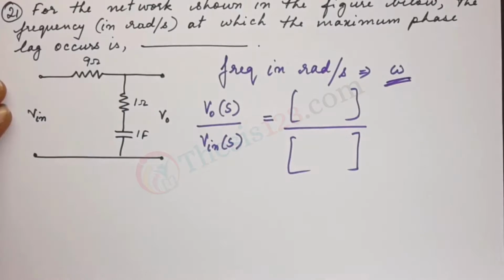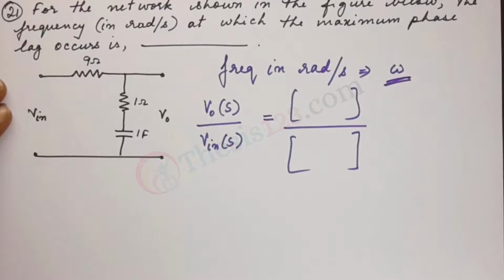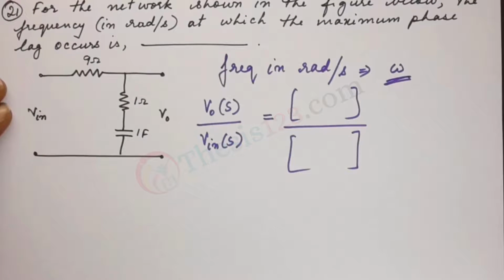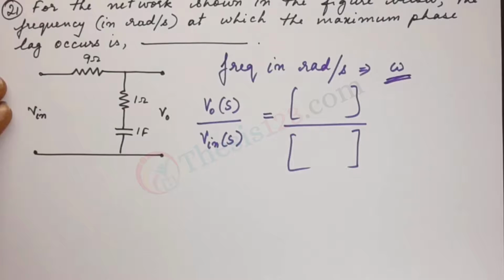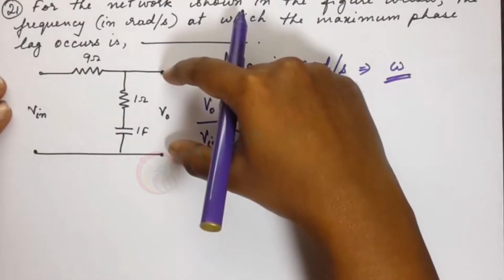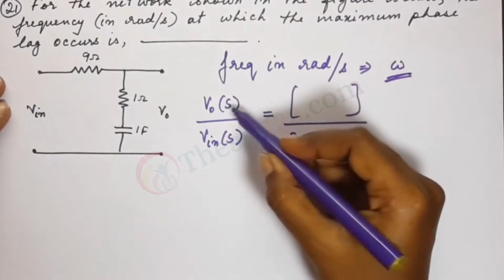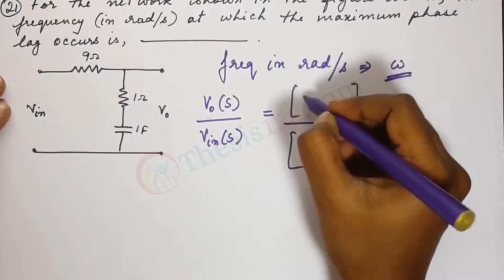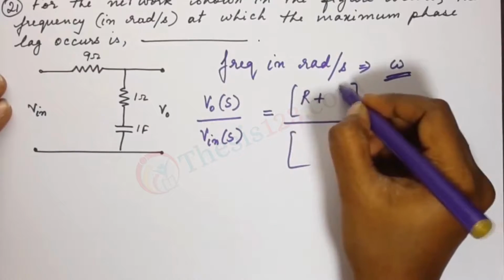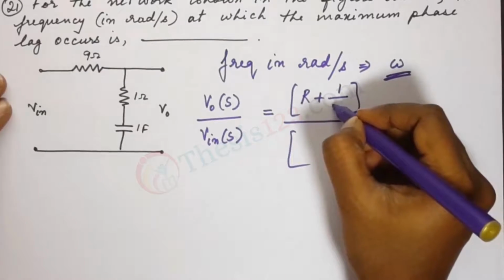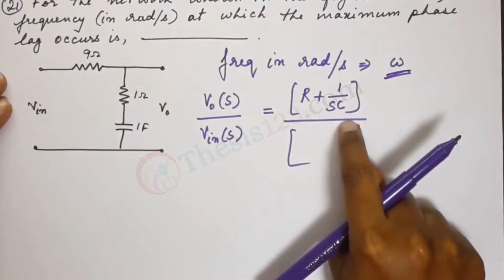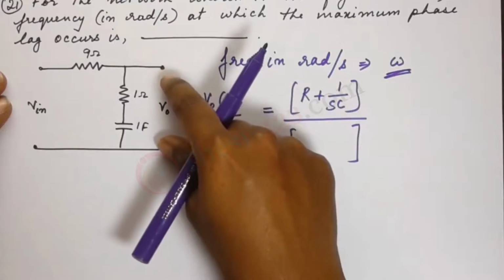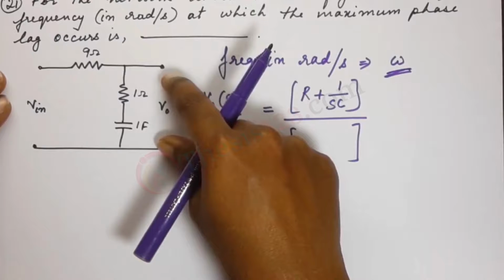Alright, now let's look at the output here. The output is based on the resistance and the capacitance here. We need it in terms of S, so that is R plus 1 by SC, across the output here.